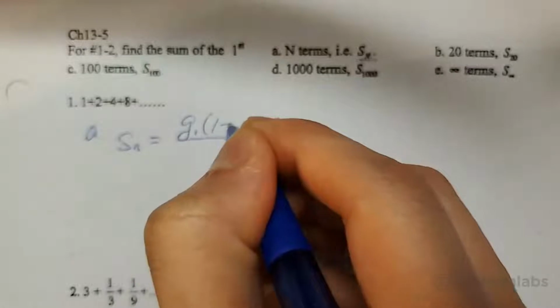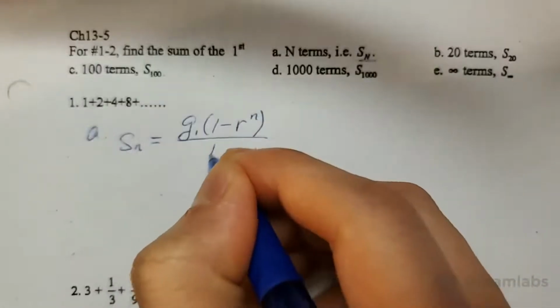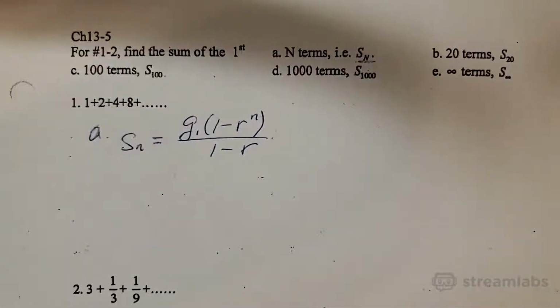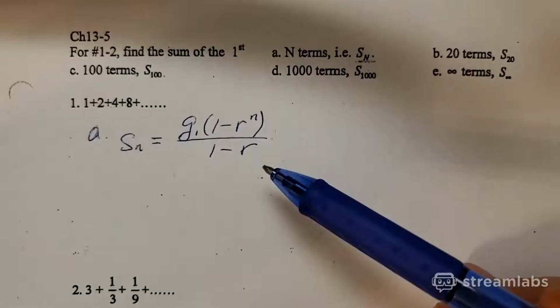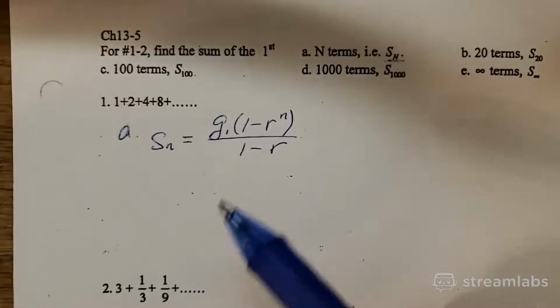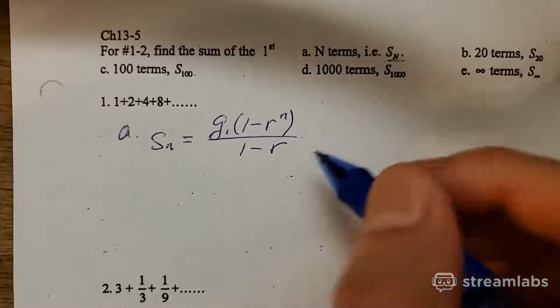G1 times 1 minus r to the n over 1 minus r. Remember this? This was our formula for the sum of a geometric series. So because of that, we just plug in the terms.